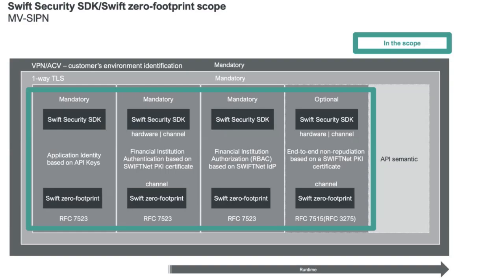The third pillar, which is fundamentally important, is that we authorize that the financial institution has access to a specific service. And the fourth, which is optional, but which is mandatory for the majority of Swift Messaging API endpoints, we need to do an application level signing or what we call end-to-end non-repudiation. So by far, we were not even close to this model because with Swagger Editor, you cannot do that, right?